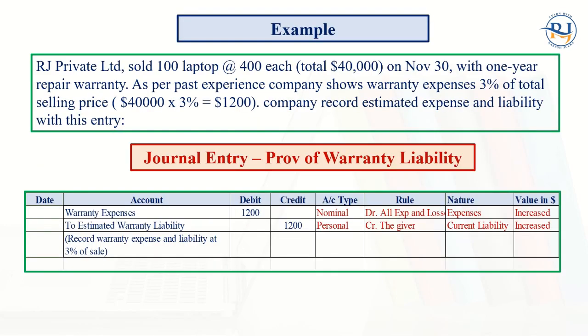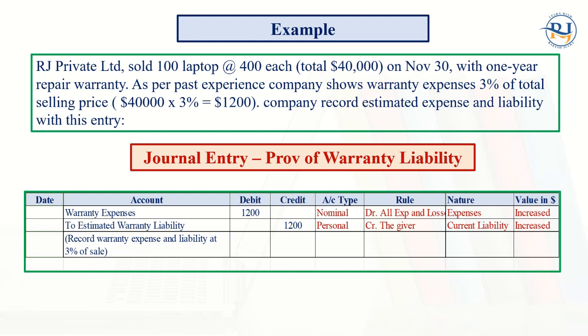Let's take an example. RG Private Limited sold 100 laptops at the rate of 400 each. So total revenue generated was $40,000 on November 30th, with 1 year of repair warranty. As per the past experience of this company, warranty expenses are 3% of the total selling price. So total selling price is 40,000, and 3% of that is $1,200.